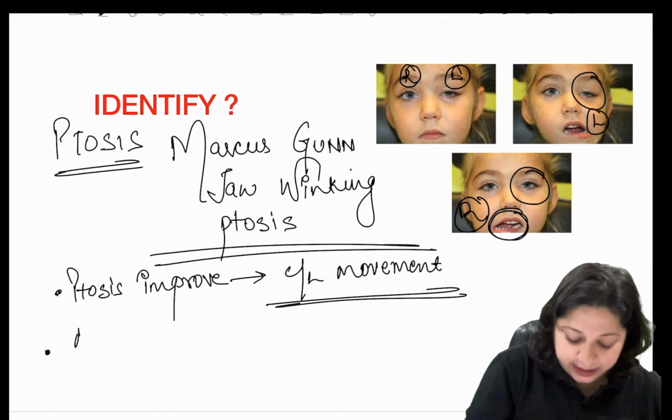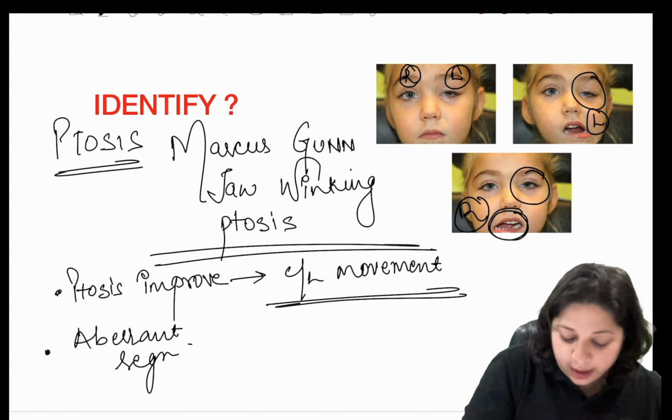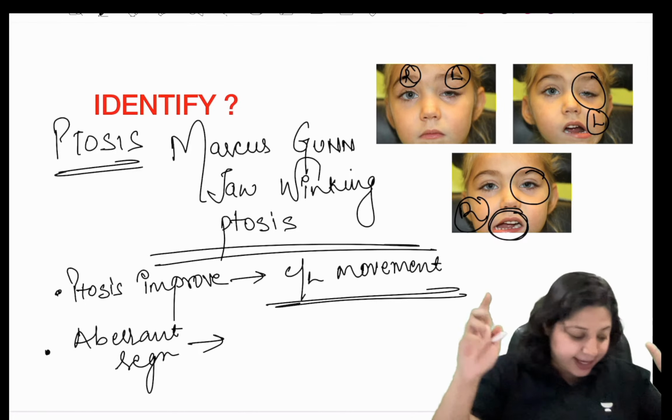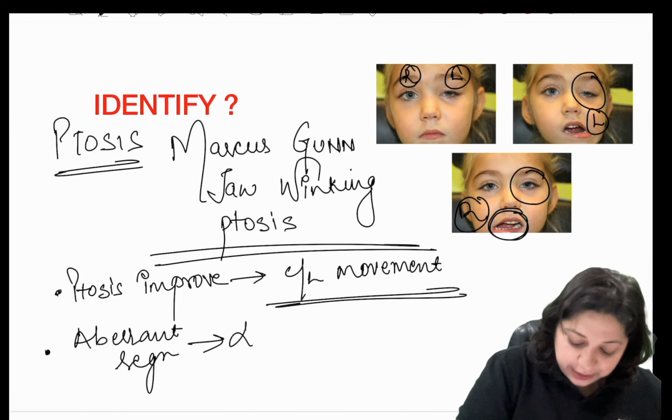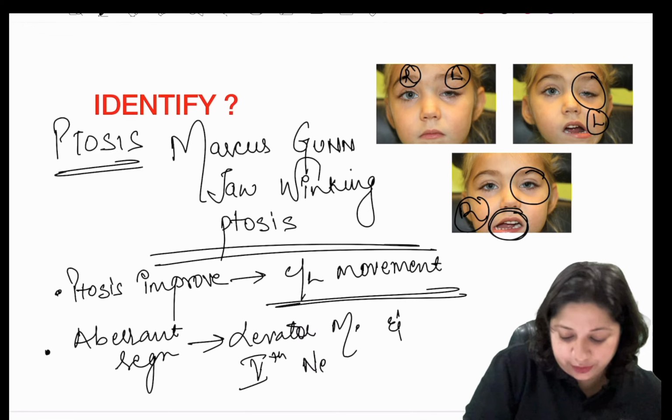And the last thing to remember here is the aberrant regeneration or the aberrant connection is between the levator muscle and the fifth nerve.